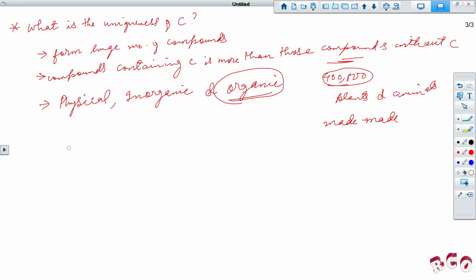So why is it? We have said that carbon's electronic configuration is 2, 4. So it is tetravalent.